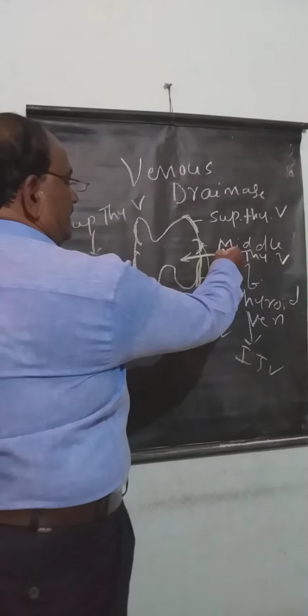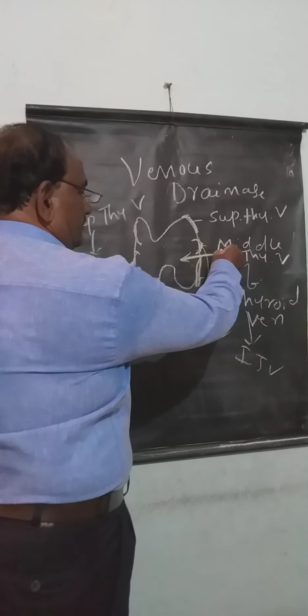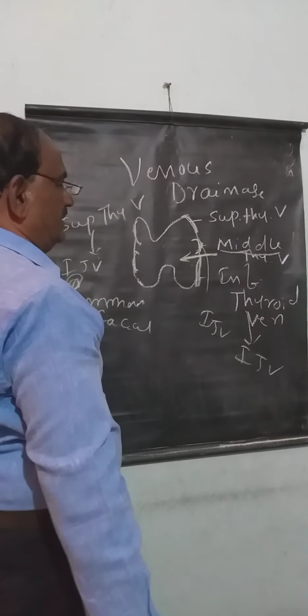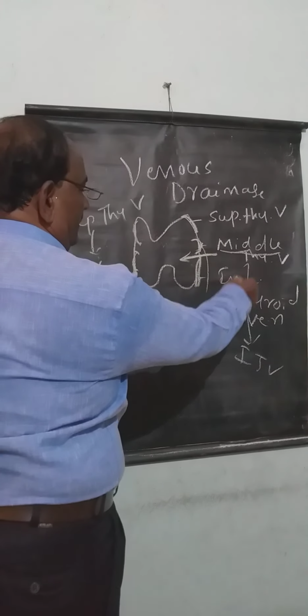Sometimes one more vein emerges between the inferior thyroid vein and middle vein.